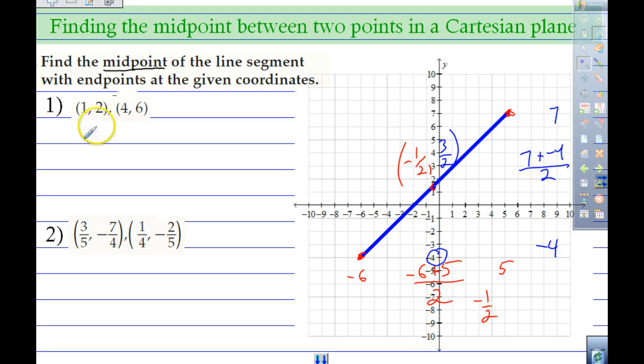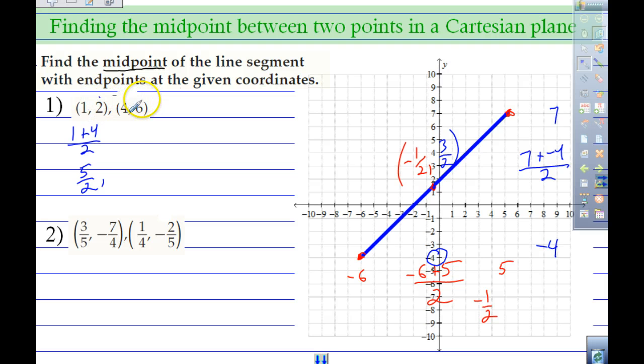Pretty well. So same thing here. What's the middle of 1 and 4? 1 plus 4 over 2, which is 5/2. Please leave your answer as a fraction. Unless you're graphing, you might want to change it to 2.5. But otherwise, that's okay.